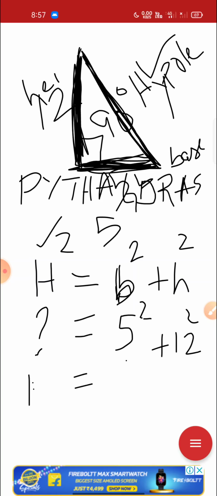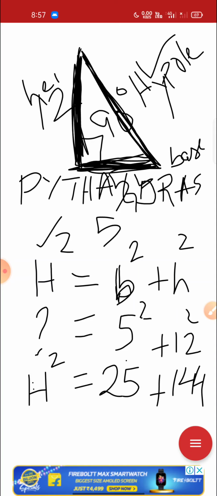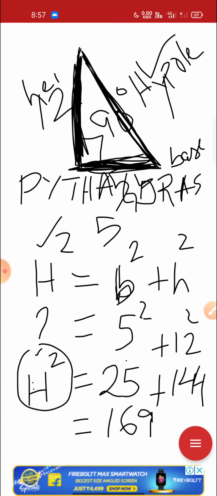So this is the hypotenuse square. 5 square is 5 into 5, right? I hope you remember. This is 25 and this is 144. 12 into 12 is 144. Then you put this together, it becomes 169. Since this is a square, this also has to be converted into square. 169.